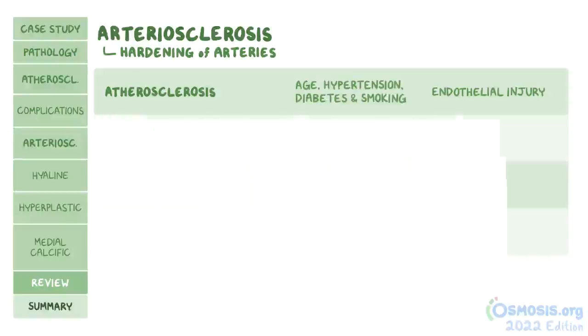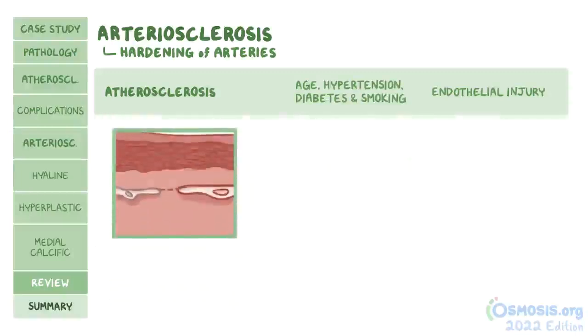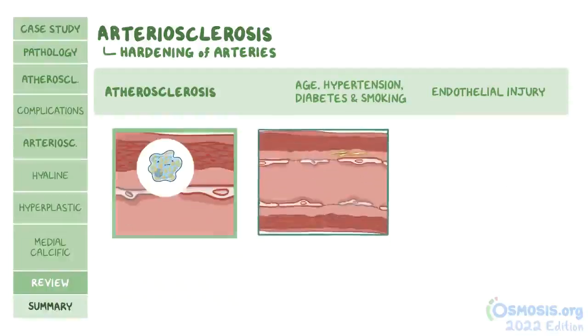When the endothelium is injured, LDL particles enter and are oxidized. Macrophages phagocytose LDL particles, forming foam cells, which forms the fatty streaks. Smooth muscle cells proliferate and migrate to the intimal layer, where they lay down extracellular matrix. Over time, an atherosclerotic plaque made of a fibrous cap and a lipid core is formed.